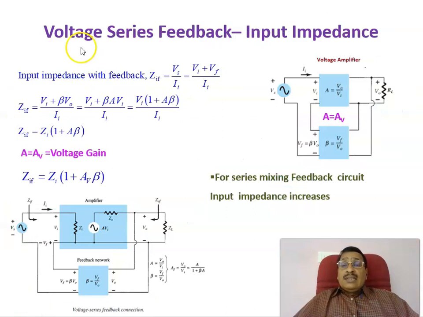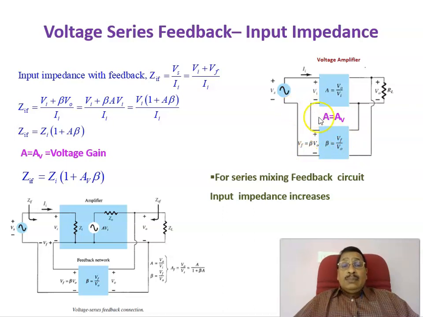Let's first consider the voltage series feedback. Now, what is the equation for the input impedance? For voltage series feedback, this is the block diagram. Here the amplifier output is a voltage and the input is also voltage. That is V0 divided by Vi, represented as A only. It is actually AV, the voltage gain. The output voltage V0 is fed back to the feedback circuit, and beta, equal to Vf divided by V0, is the feedback factor.